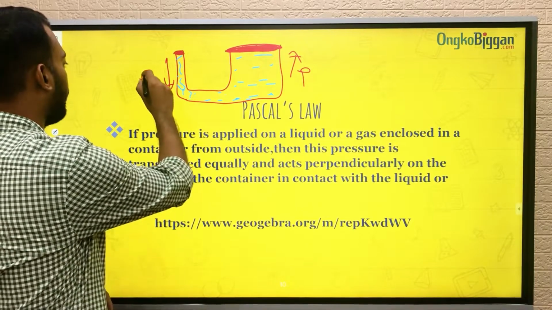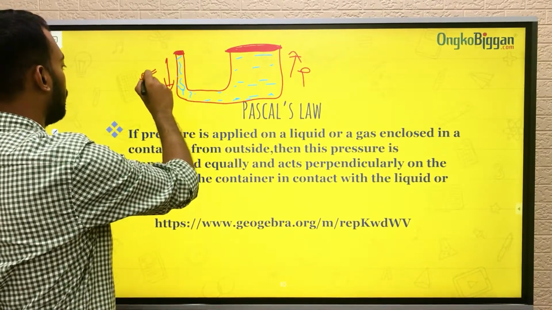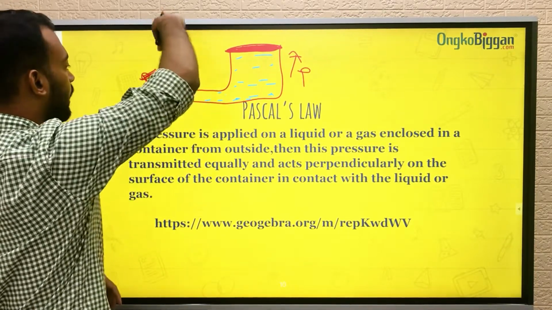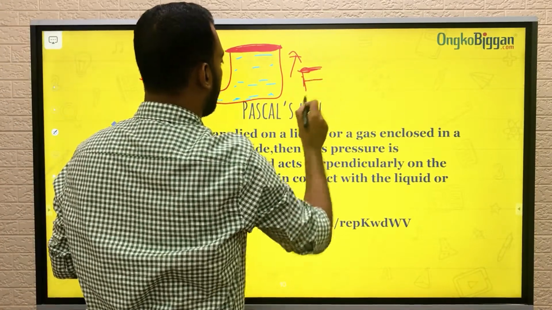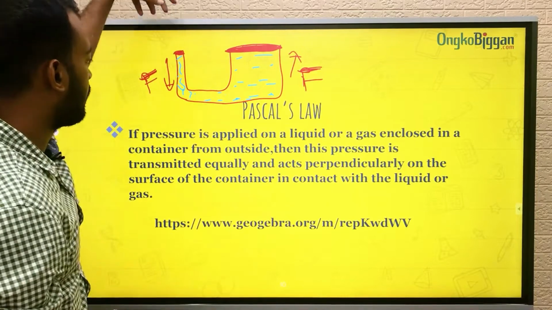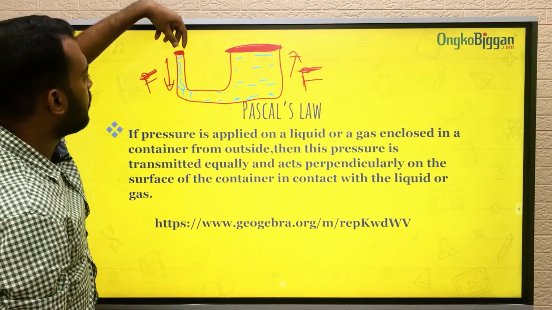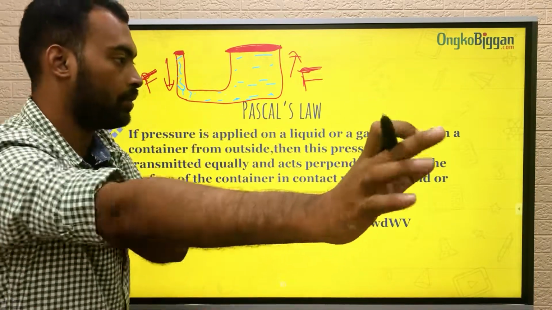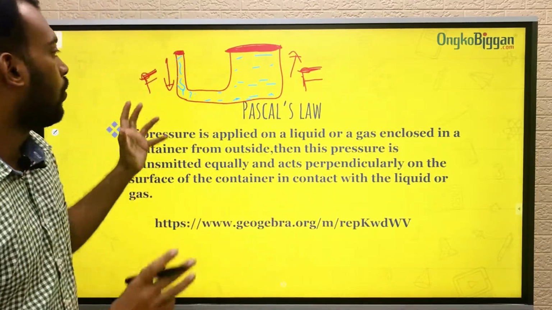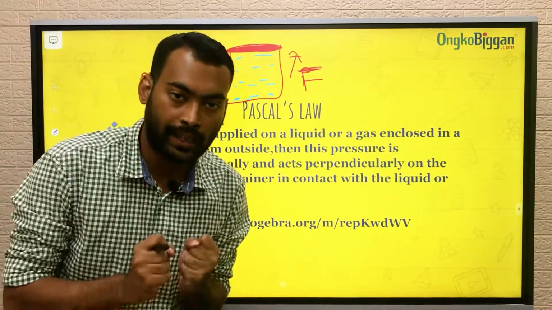Suppose you apply some force. If you apply some force on an area, of course that will give you some pressure. So let's stick to the force. Don't confuse it, I'm saying this again: when there is pressure, there has to be a force.